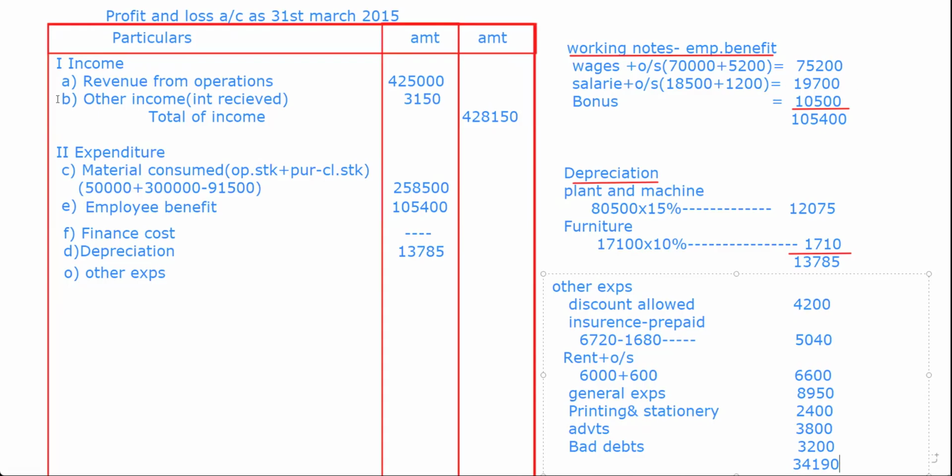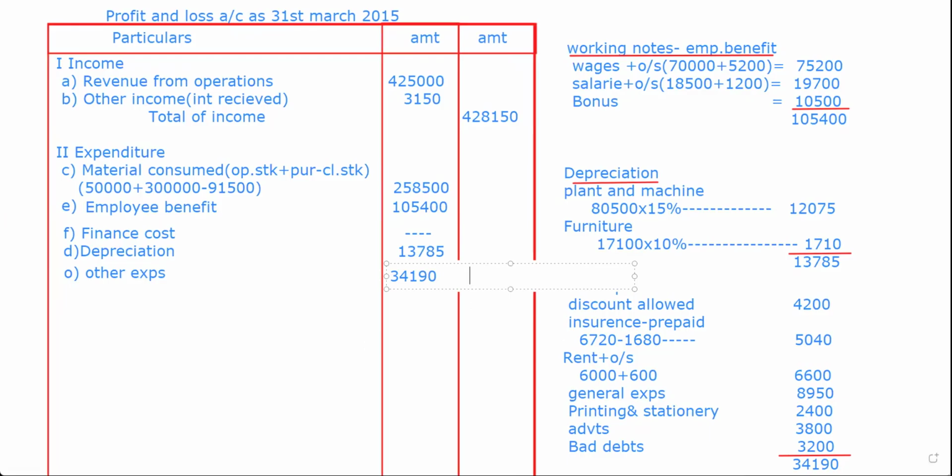So let me go with underlining this one once again. So now this directly I'm going to write other expenses to be 34,190. Now I have got all the things I have taken it.